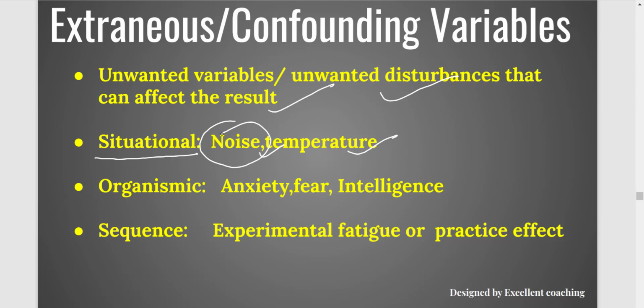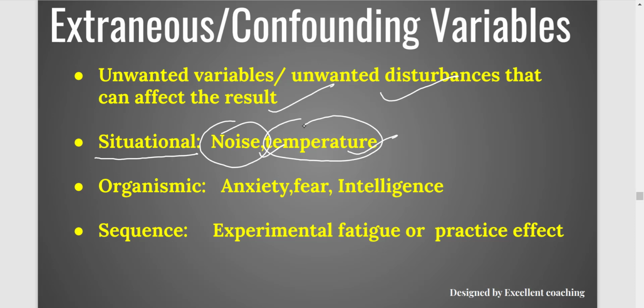Same way, if we want to see whether a change in weather or temperature causes a change in performance of people, and we are trying to control the temperature, but the temperature is not getting controlled and is not being manipulated properly, that situational variable will cause the result to not go as desired. So those are called confounding variables which can actually destroy the whole experiment and change the result, and then our experiment would be useless.